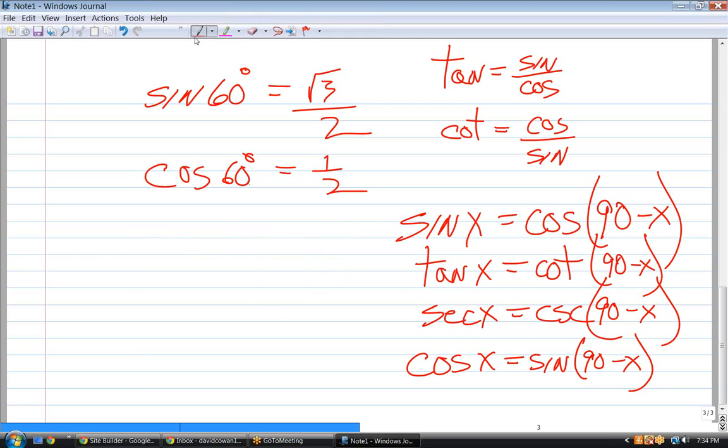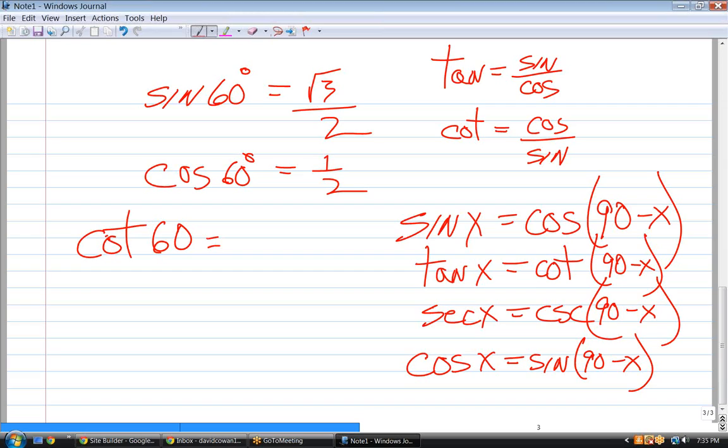Then it is cotangent of 60. Cotangent of 60. How are we going to do that? Find out what the tangent, no. There's an easier way.